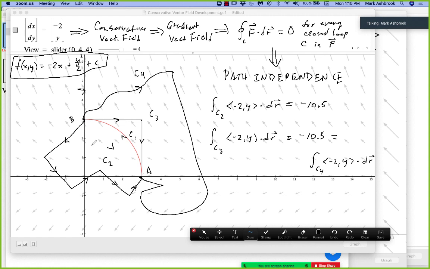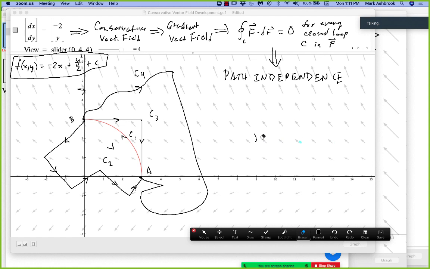The value of the line integral will be independent of the path that you take. All that matters is the start and the end. So the value depends only on the start and end point, not the path.